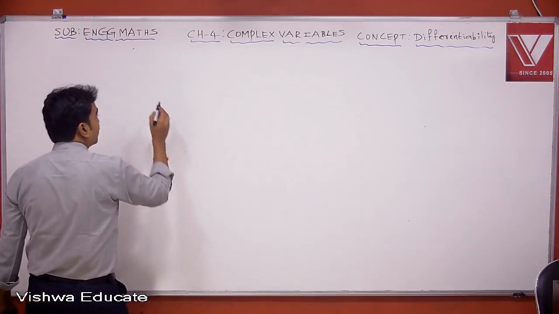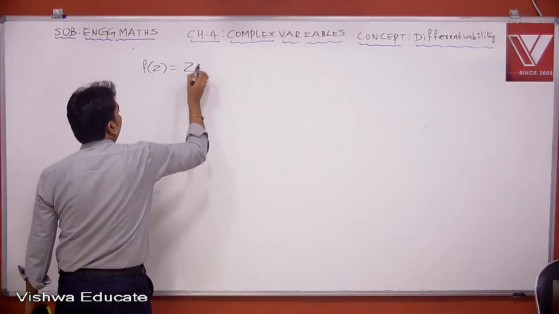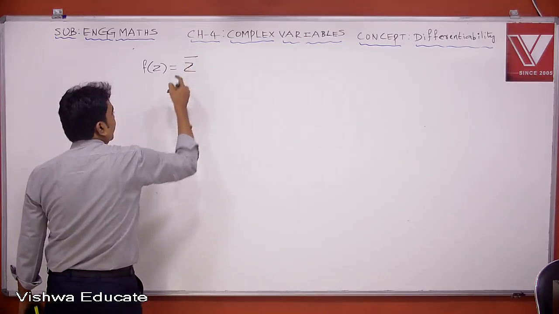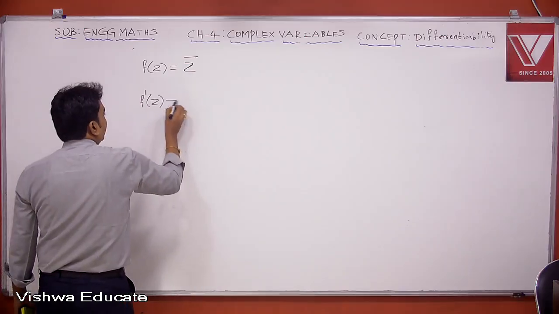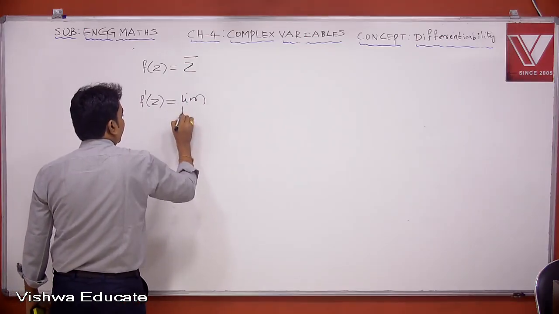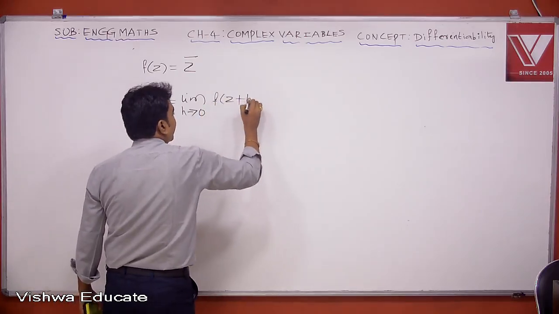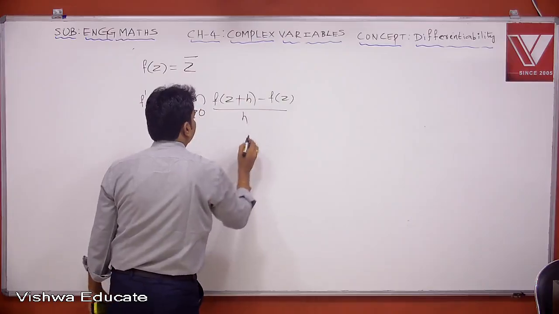Example on differentiability. Suppose if I have f of z equal to z bar. So this z bar is nothing but complex conjugate of z. Let us try to find this f dash of z. So here according to definition, this is limit h tends to 0, f of z plus h minus f of z divided by h.